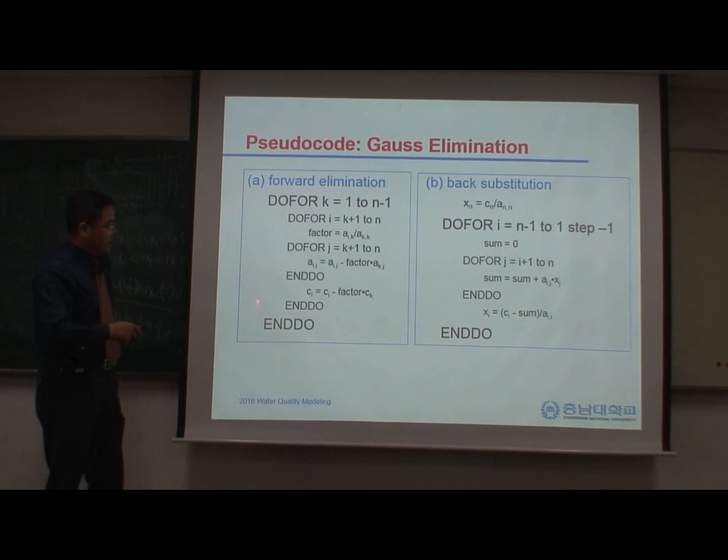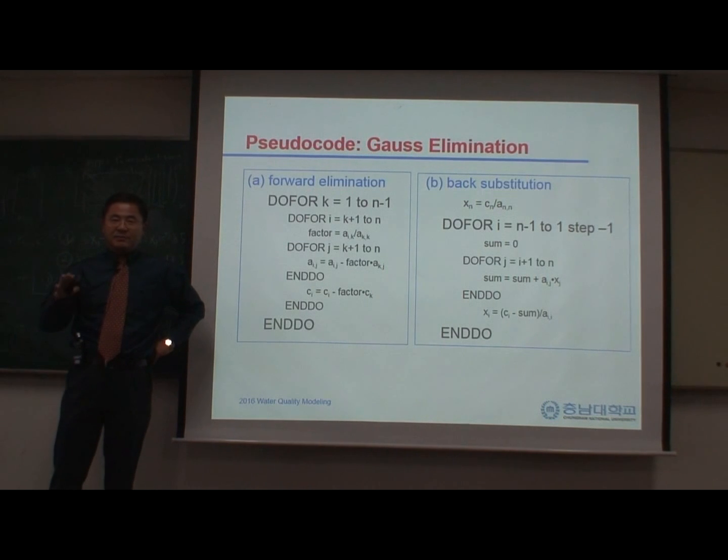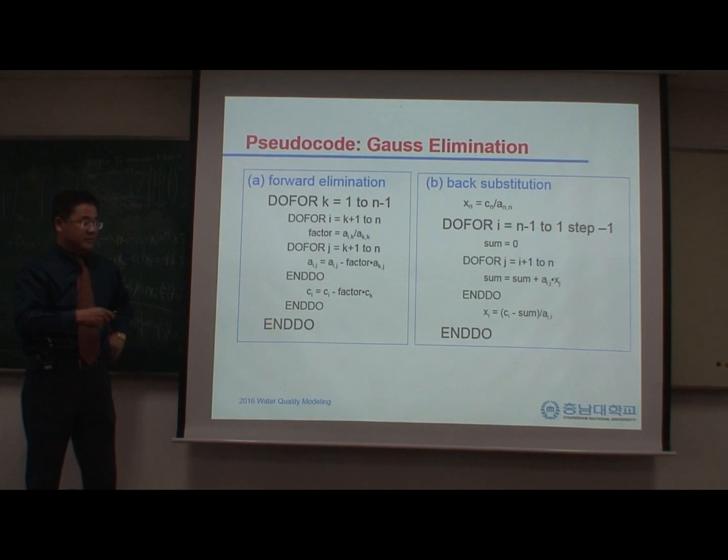If we come back to our computer code, in this class I'm not going to ask you to write computer code, but I will ask you to understand what's going on. This is not code, but it's like a written flow sheet.